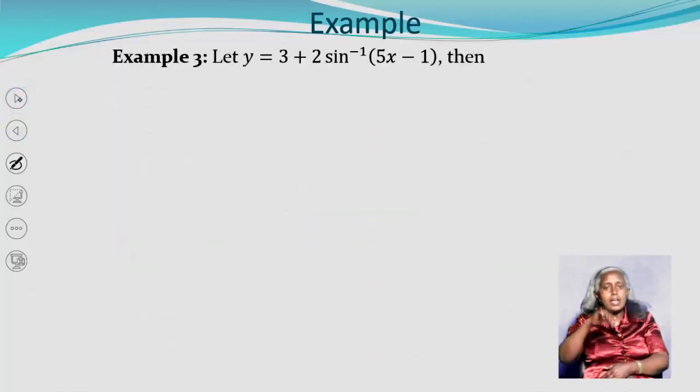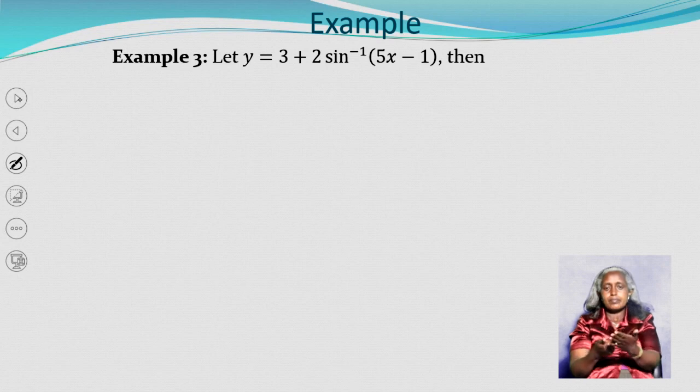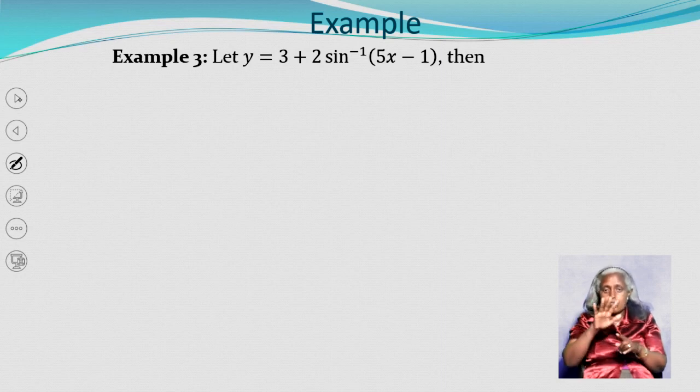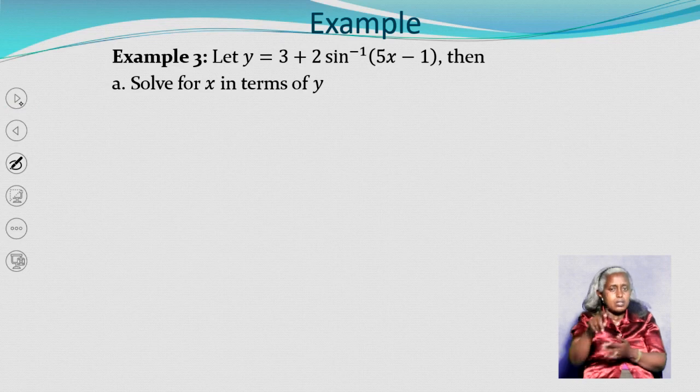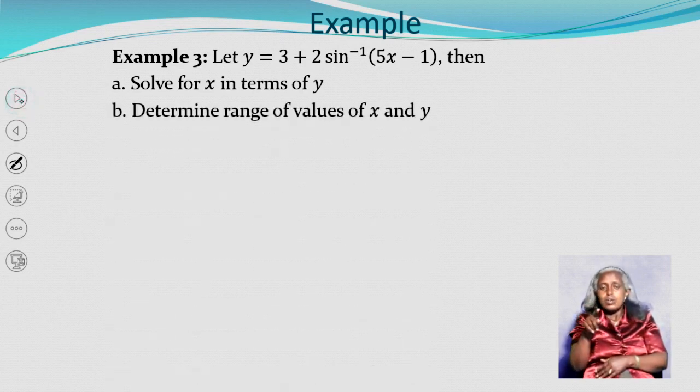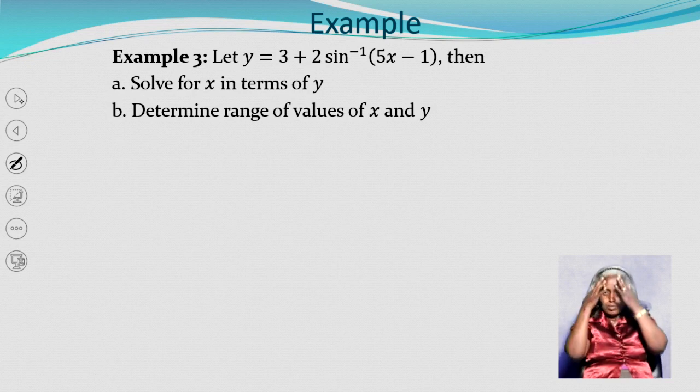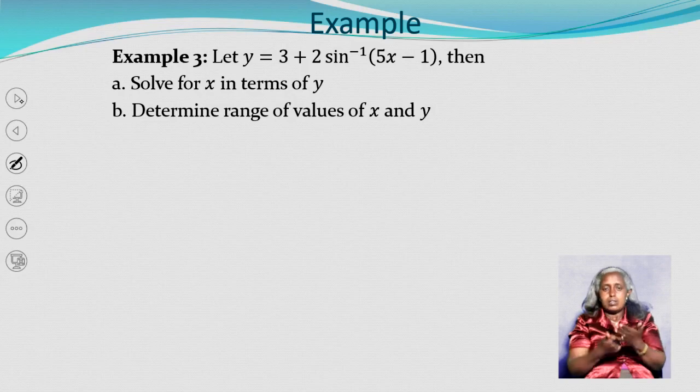Another example. Here, y is given to be 3 plus 2 sine inverse of 5x minus 1. Then you are asked to solve for x in terms of y, and you are also asked to determine the range of values of x and y. So let's see the solution together.